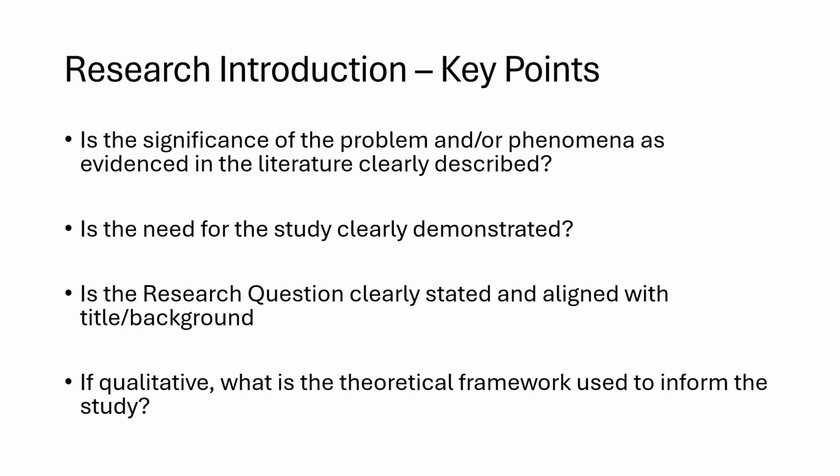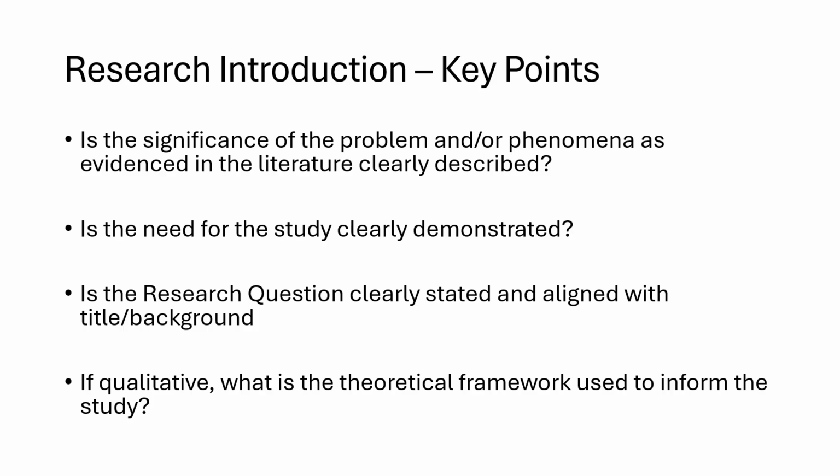So read through these because these are key points you need to consider when you write up your introduction for research. There are often missed pieces of information that are critical to a successful grant. So when you read through these, these are things that need to be in the grant to explain it. If you're doing qualitative research, be sure to include some type of theoretical framework that you're going to use to inform the study.